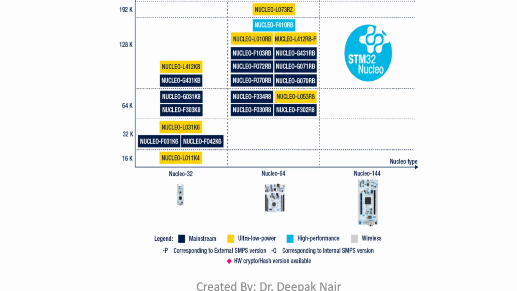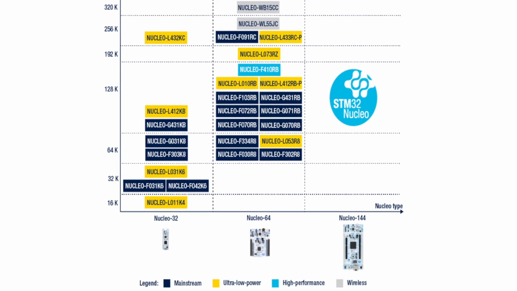In this slide, you can see we have different colors allotted for different types of boards. The blue ones are the mainstream boards, which are generic boards with all the normal features.